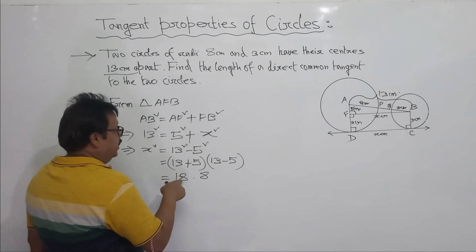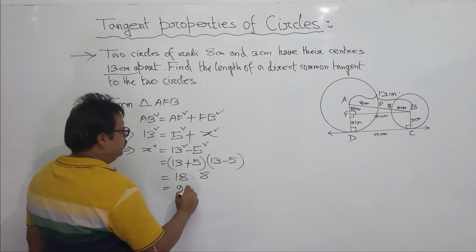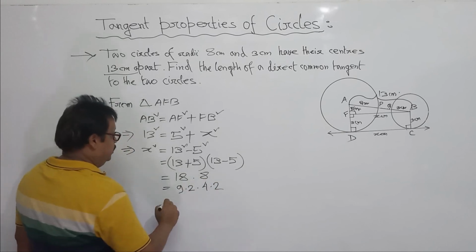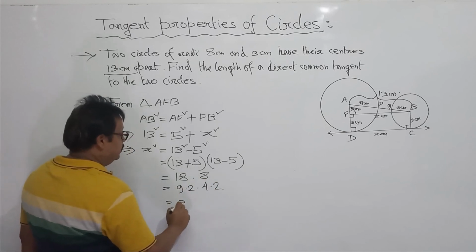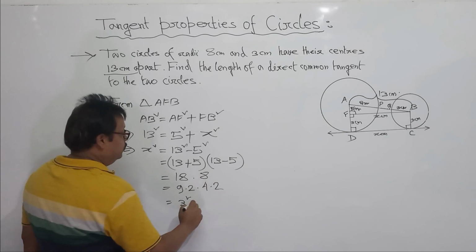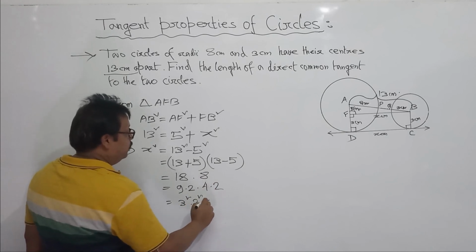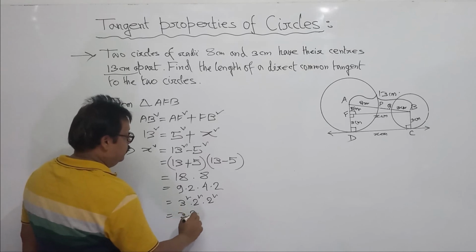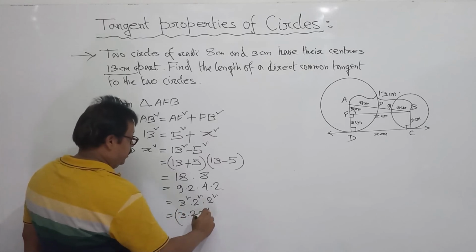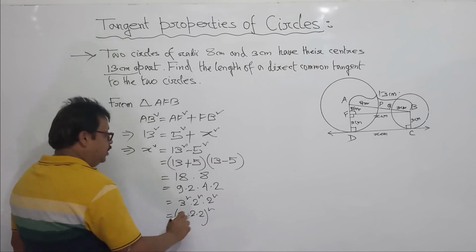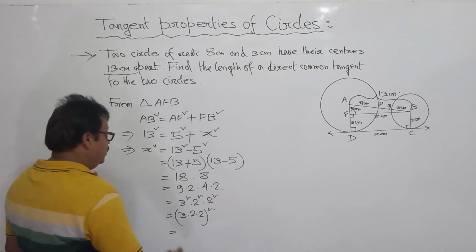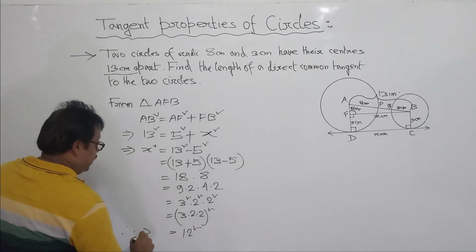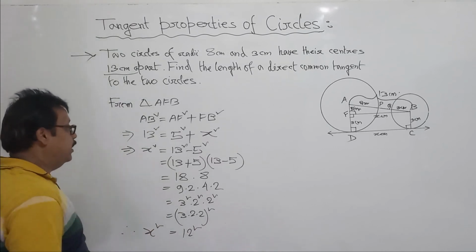Now 18 means 9 into 2, into 4 into 2. 9 means 3 square, 2 into 2, 2 square, and 4 again 2 square. That is, you can write 3 into 2 into 2 whole square. That means 3 2s are 6, 6 2s are 12, 12 square. That is x square equal to 12 square.